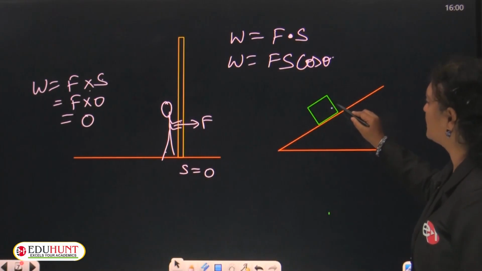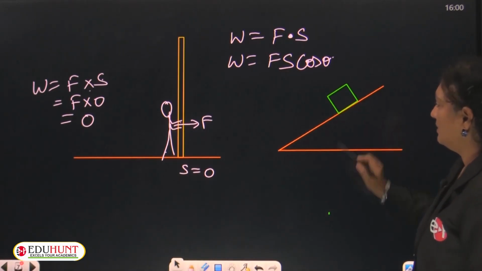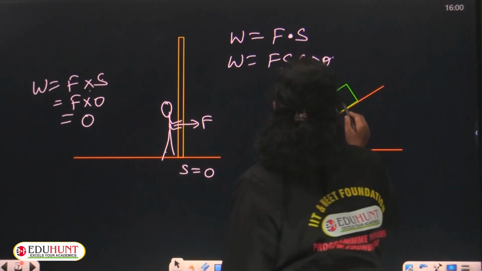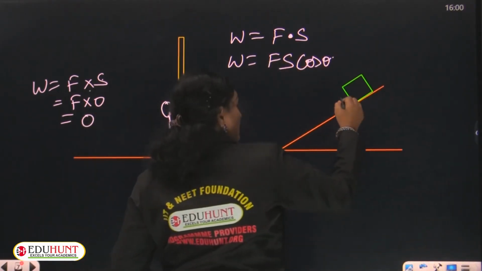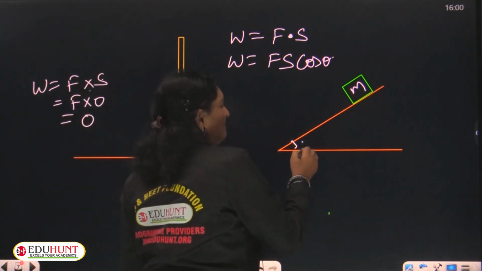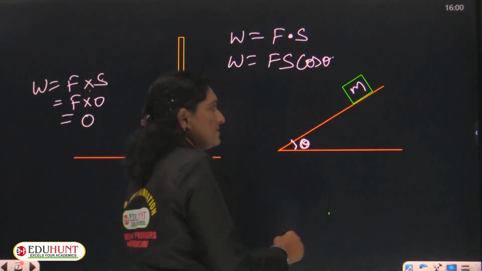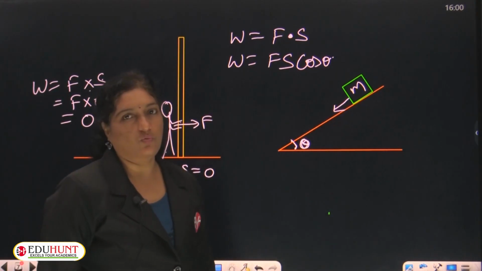This body is pulled upwards on the inclined plane by applying some force, or else the body is just left by itself on the inclined plane, which has some angle theta. The body has a tendency to fall downwards.